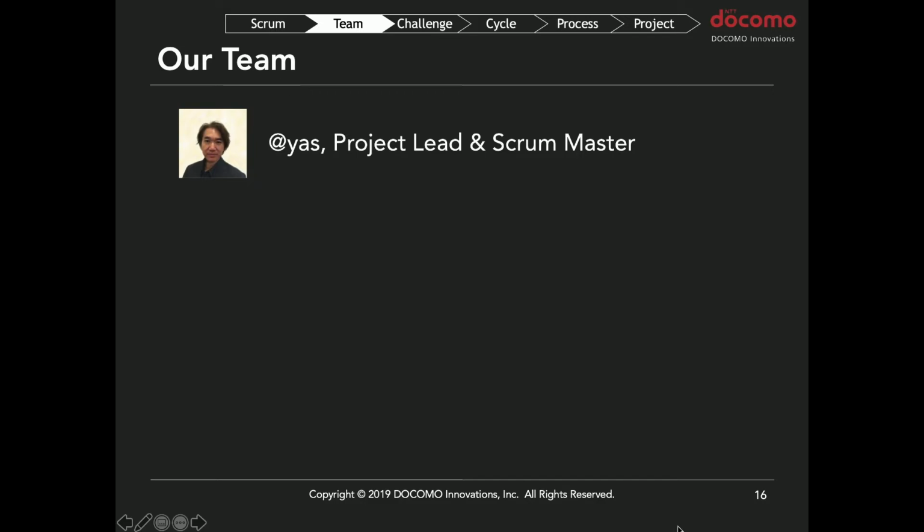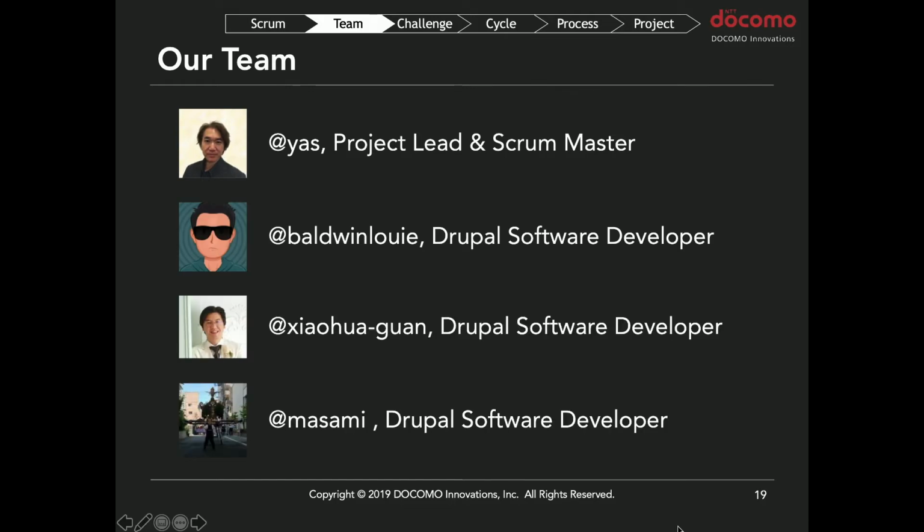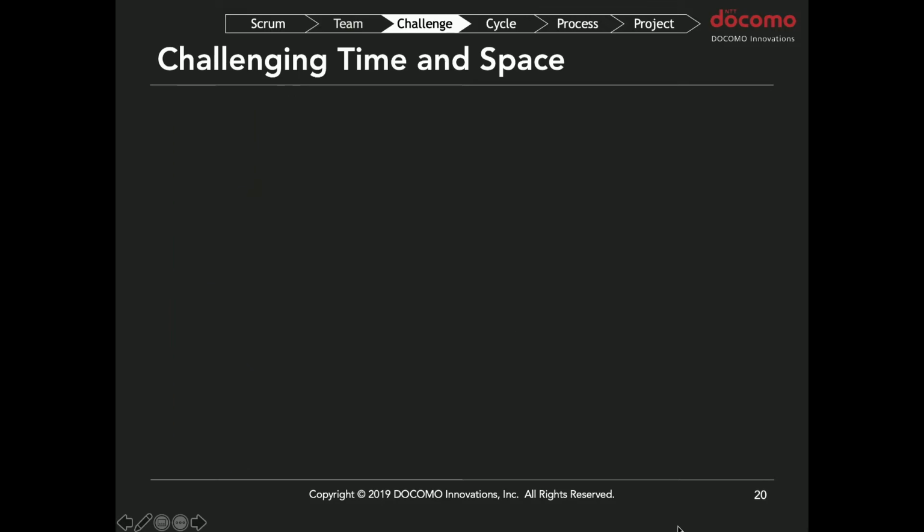But we only have 4 people, Baldwin, Khan, Masami and me. So sometimes I help with bug fixing or adding a new feature. But basically, Baldwin, Khan and Masami, the 3 developers, are highly involved in the implementation and the testing.